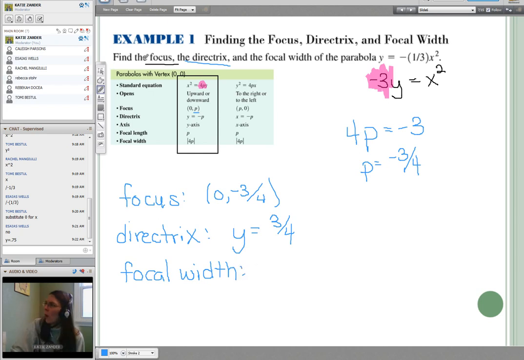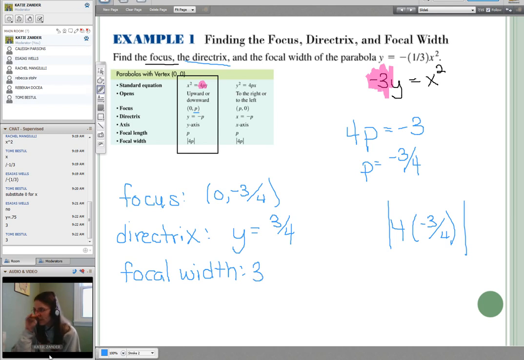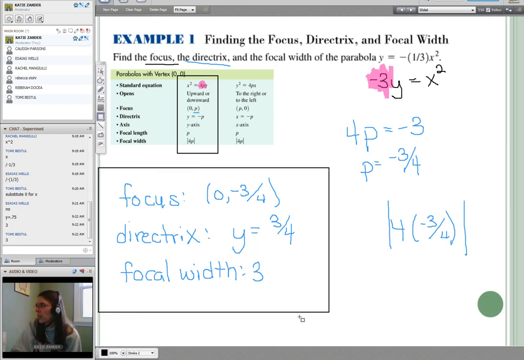So the focal width is 4 times p, and that's the absolute value. So what is going to be our focal width this time around? 3. Good. Yep. All right, questions with how we gathered that information for that equation?